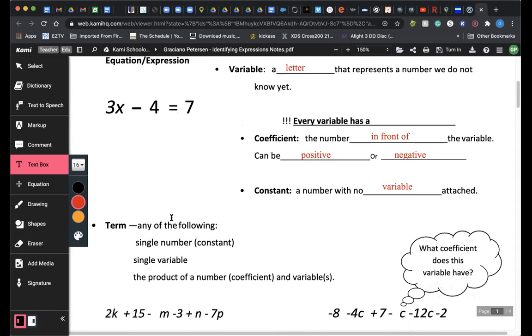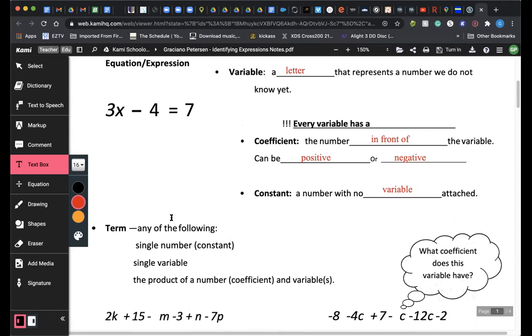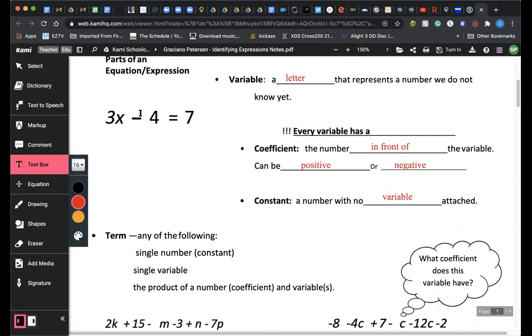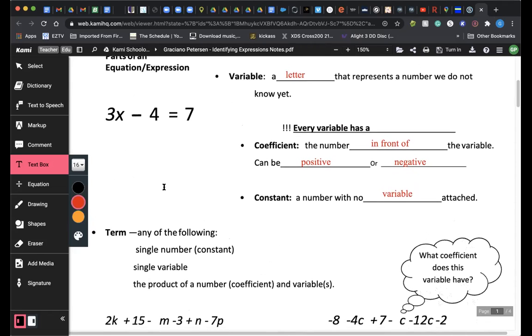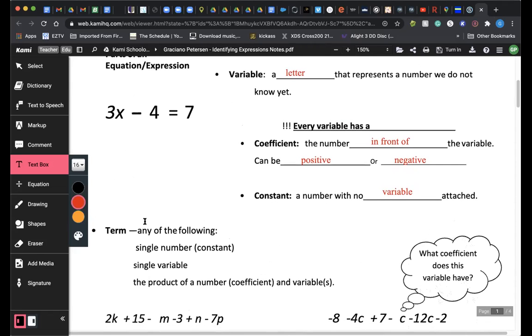All right, so in an equation or an expression, we have terms. A term can be any of the following: a single number, which is considered a constant. So -4 and 7 are constants, and they are both terms in this equation, because I have an equal sign.